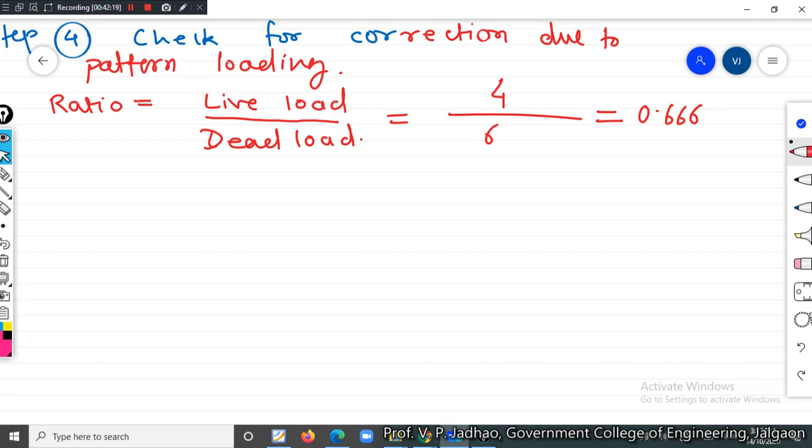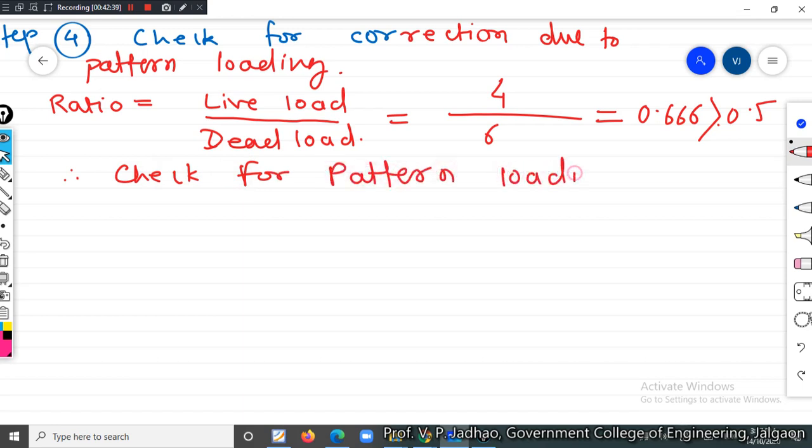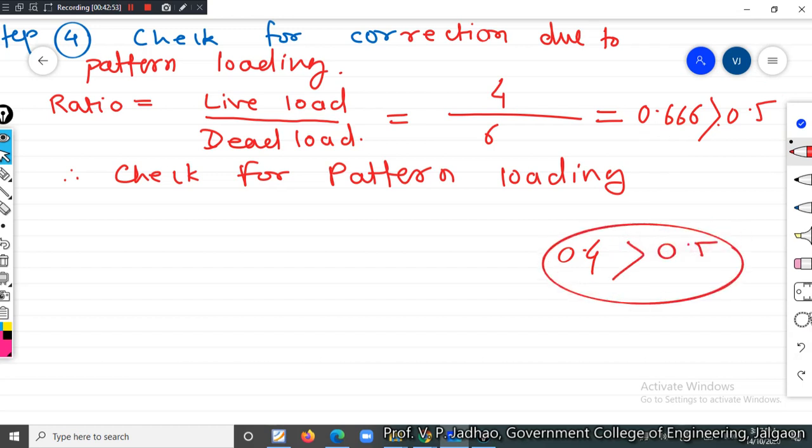Therefore write down: check for pattern loading. If this ratio was less than 0.5, let us consider it was 0.4, then we don't have to check for pattern loading.